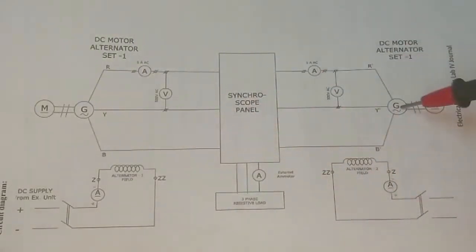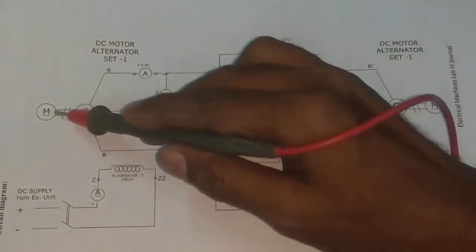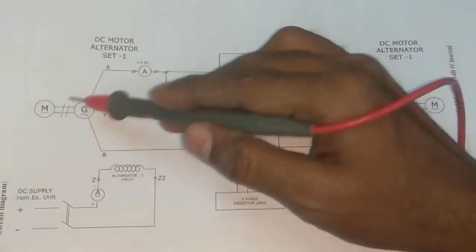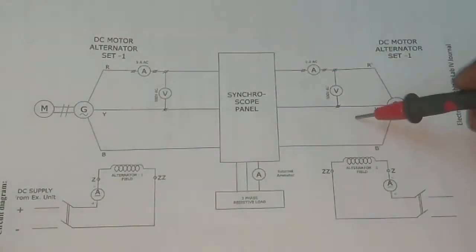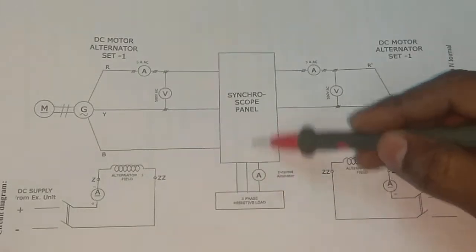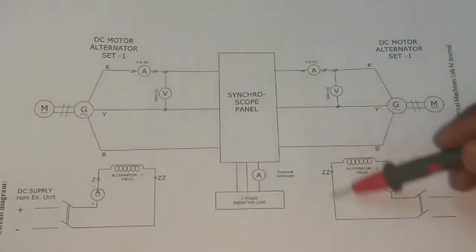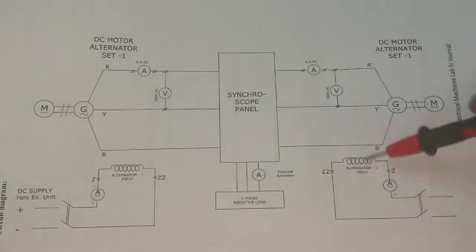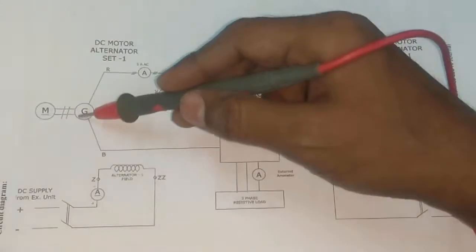And this alternator is coupled to the prime mover. Here the prime mover is a DC motor. Here also you can see the alternator is coupled to the prime mover. So there are two alternators, A and B. The output from the synchronous panel is connected to the load. And this is the excitation unit, field winding of alternator B, field winding of alternator A.